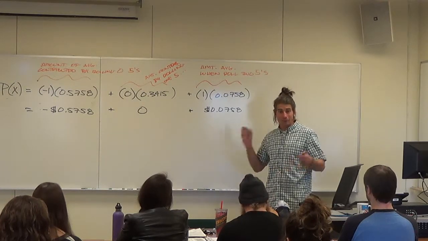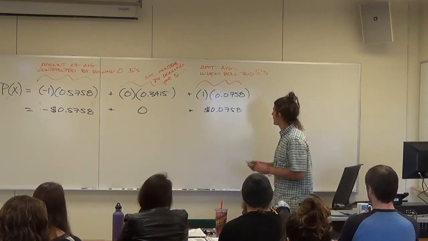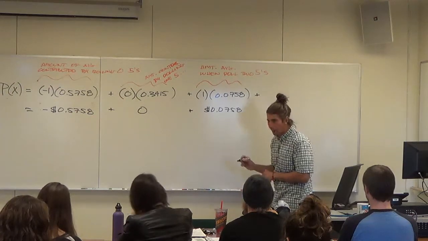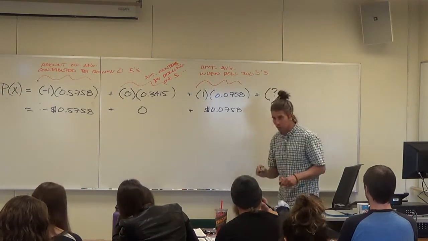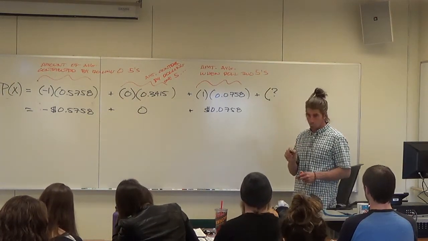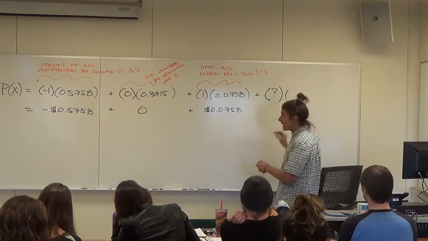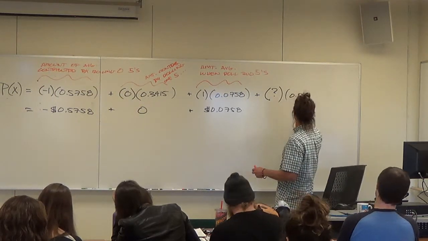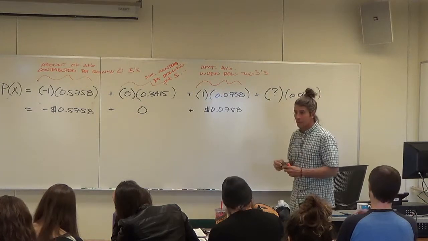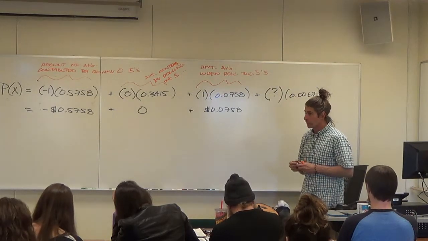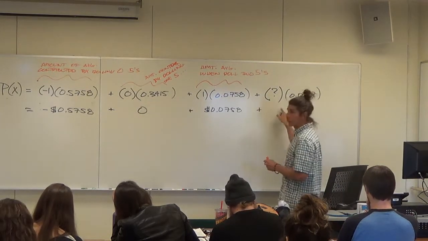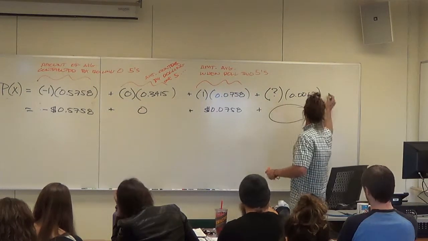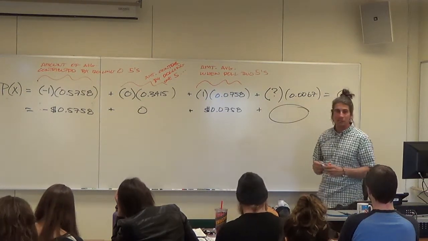This is where the 3 5s are going to save your butt. Because now what we have to do is figure out how much we are going to pay you when you hit 3 5s, which only happens this often. How much are we going to pay you so that this value right here enables this whole thing to add up to 0?